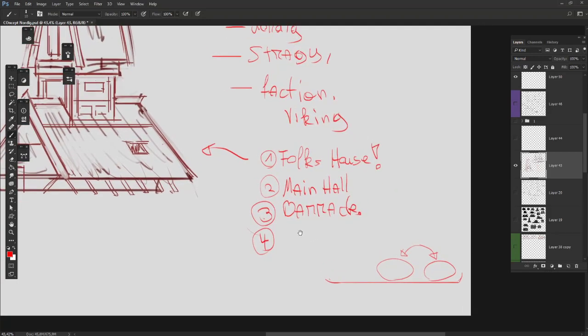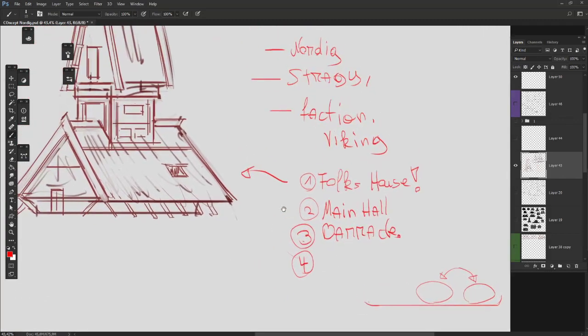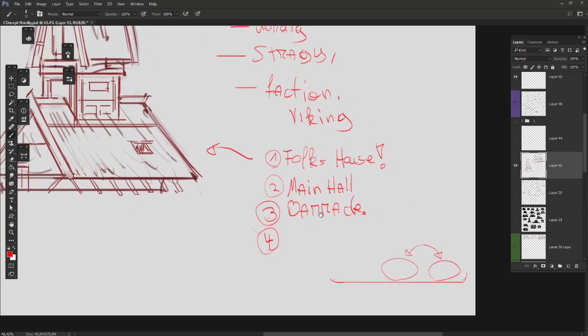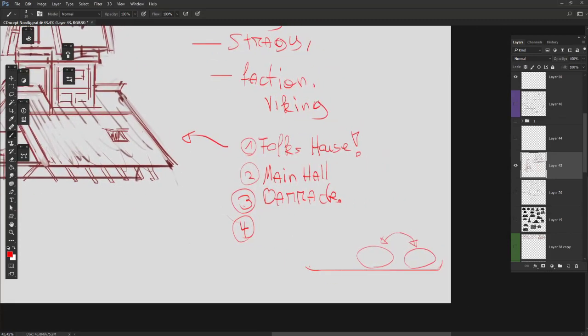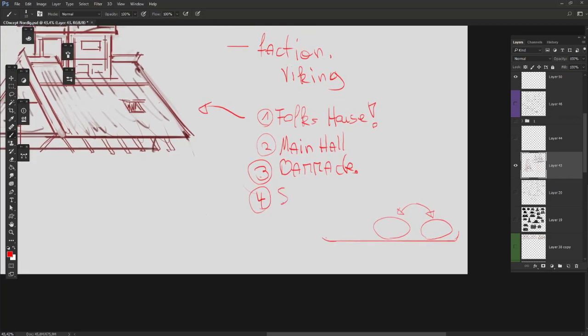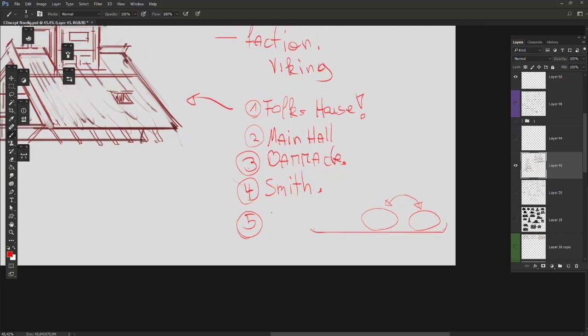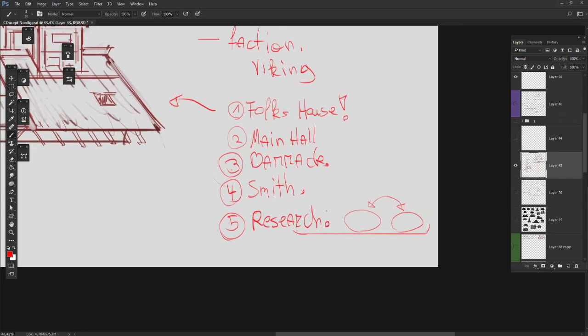So we go back to the types of buildings that we need to have in order to execute my project. Volkshaus, main hall, barrack for the army, smith, then we need a research facility. Maybe we can make it into a shaman house, you know.